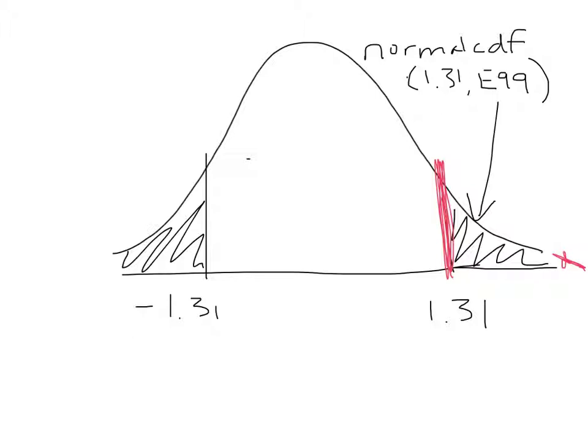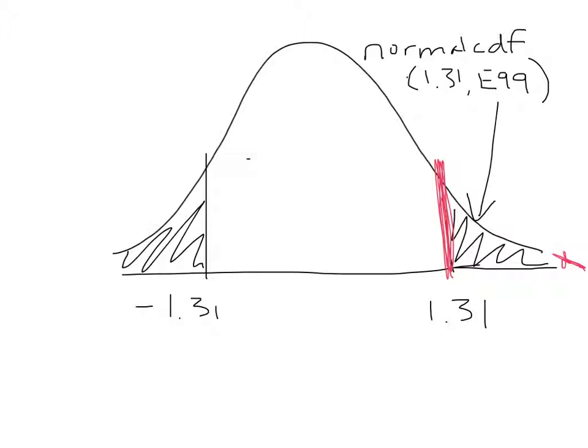So you'll go to that second choice and you'll put in 1.31, comma. The comma is the key just above the 7. And then you want to put in E99, which is actually this EE key. So if you look at that comma key that you just used to put in a comma, in yellow just above it is EE.